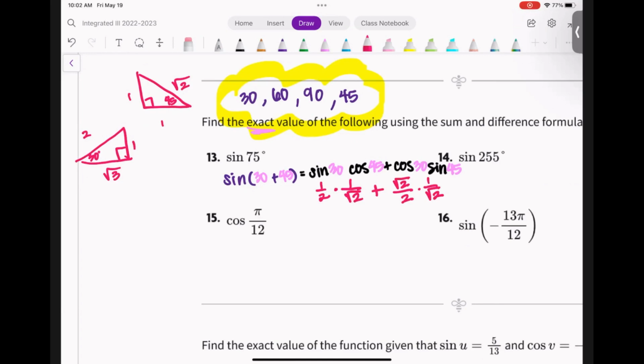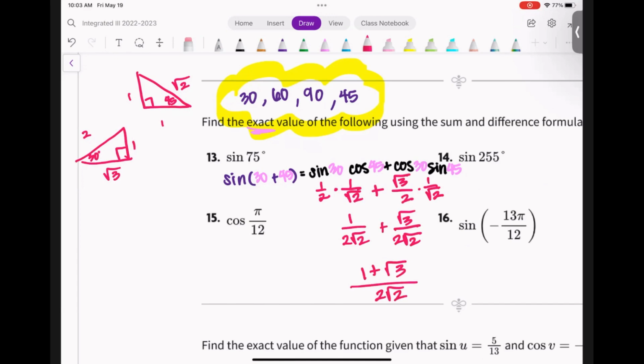And then I just write. Okay, so this is 1. Wait, why did I put root? Sorry, I wrote this wrong. This has to be root 3, Miss Johnson. So this is 1 over 2 root 2 plus root 3 over 2 root 2, which is just 1 plus root 3 over 2 root 2.